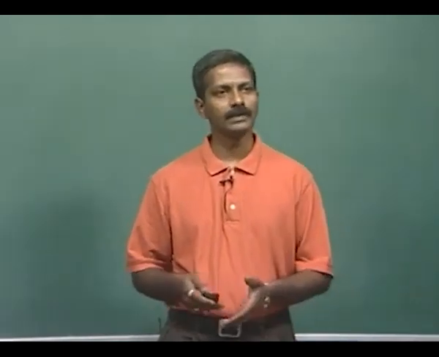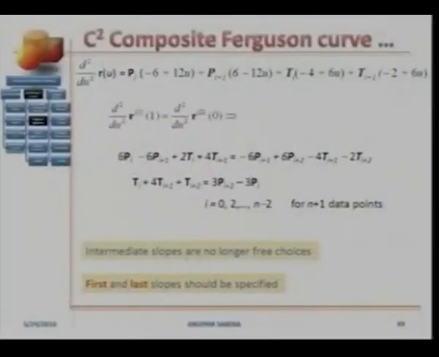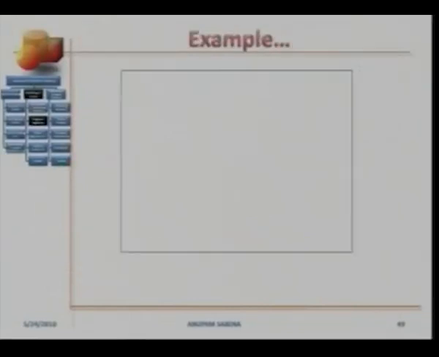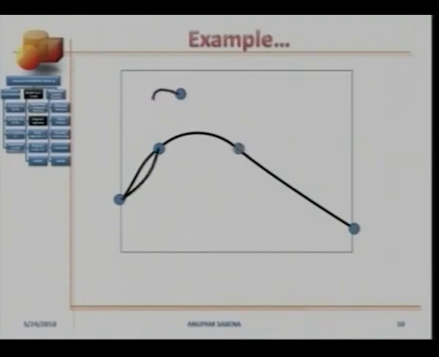And then we went on to study C2, or curvature continuous composite Ferguson curve. Here, this model did not exhibit local control properties. If I moved any design point, the shape of the entire curve changed.